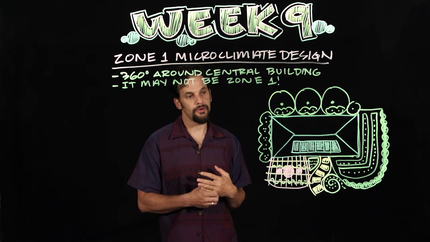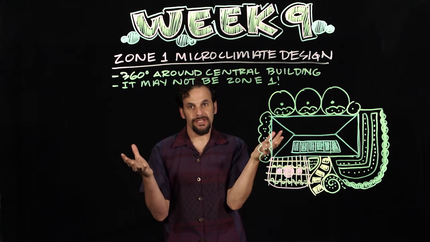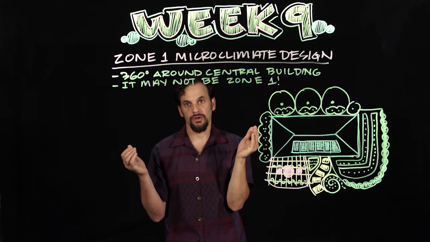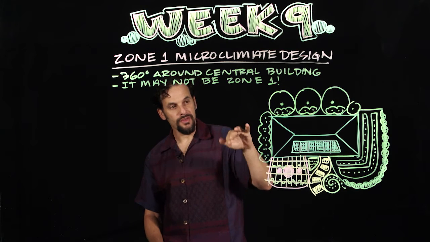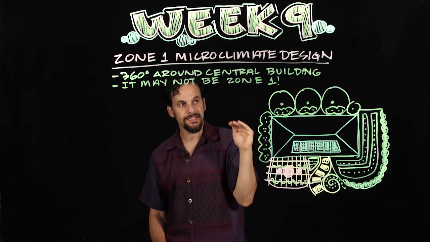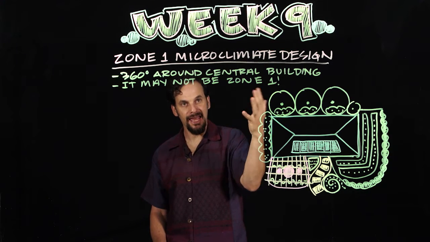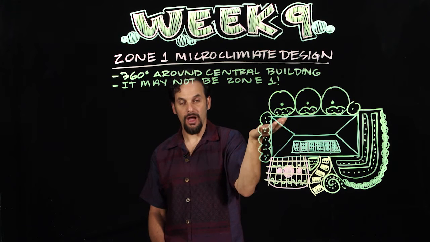So remember that for your 360 degree design around your structure, the goal is to work with the different microclimates around the structure and put in design features that enhance the energy efficiency and comfort of the structure.